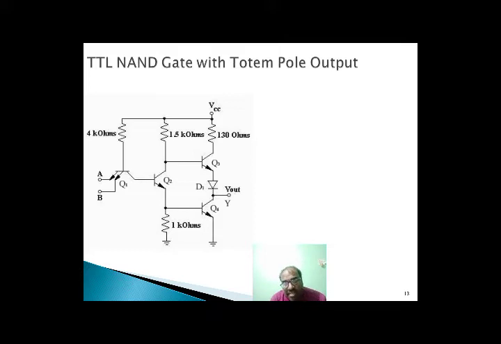This permits current through R1 and the base collector junction of Q1 into the base of Q2, thus driving Q2 into saturation condition. As a result, Q4 is turned on by Q2, producing a low output, which is near ground potential.